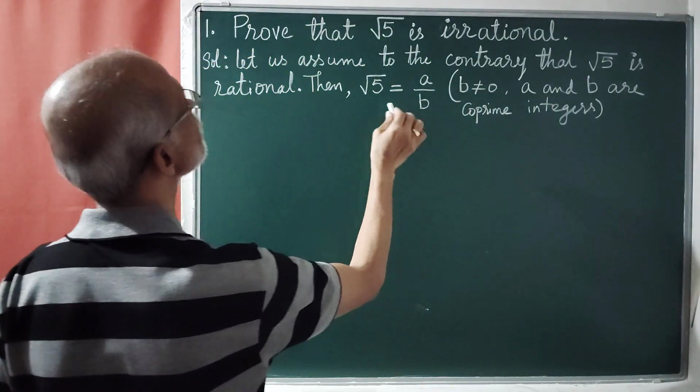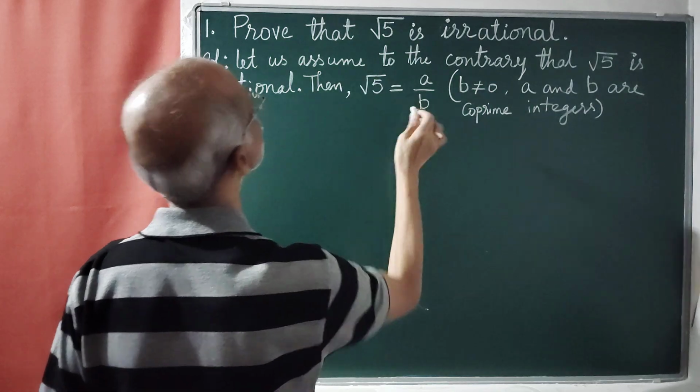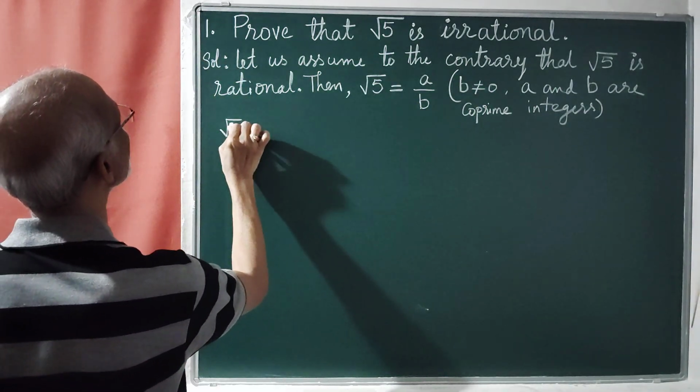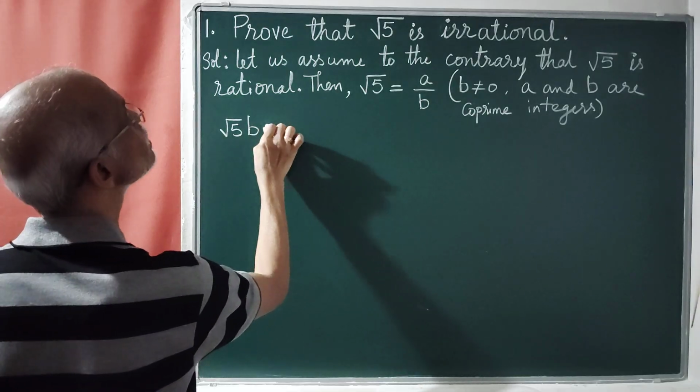So now we will cross multiply. We will get root 5b is equal to a.